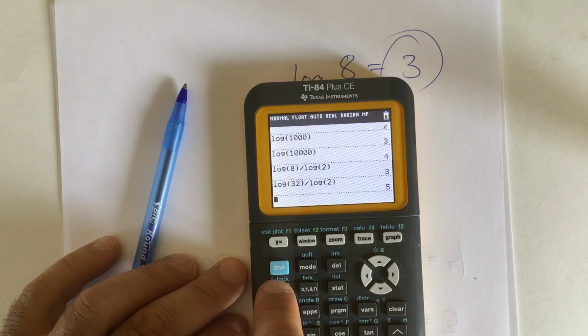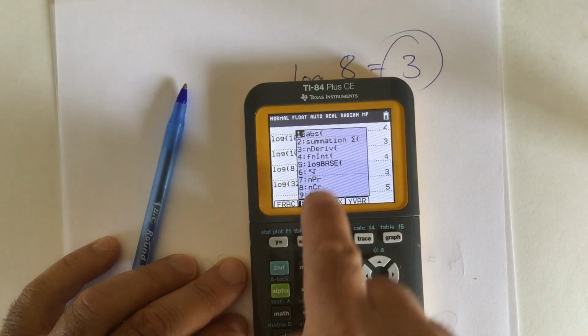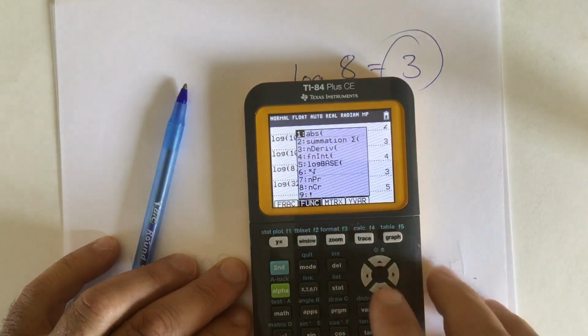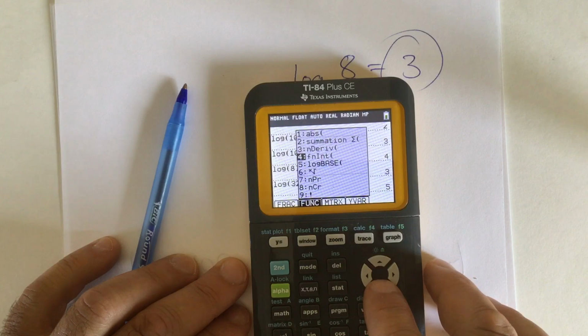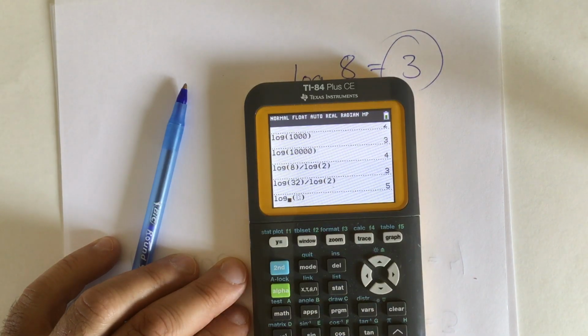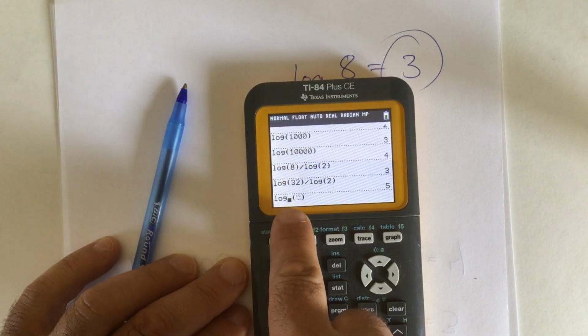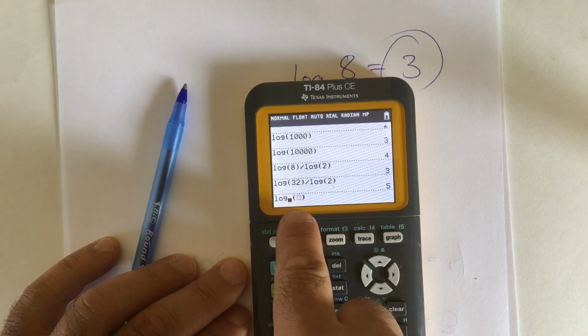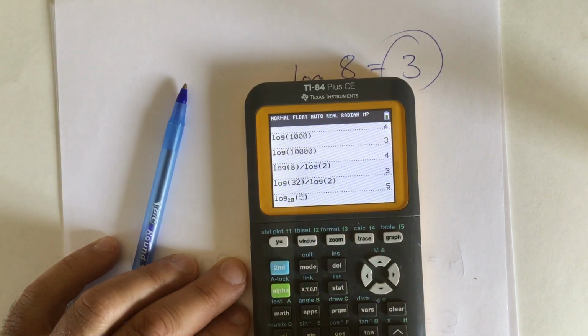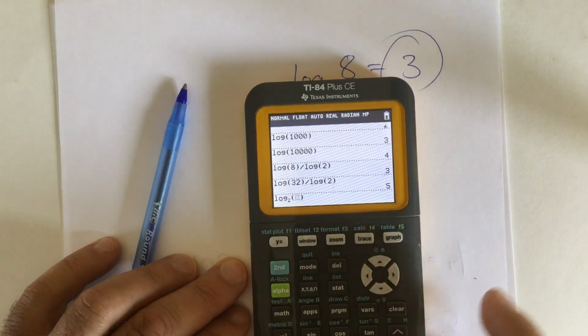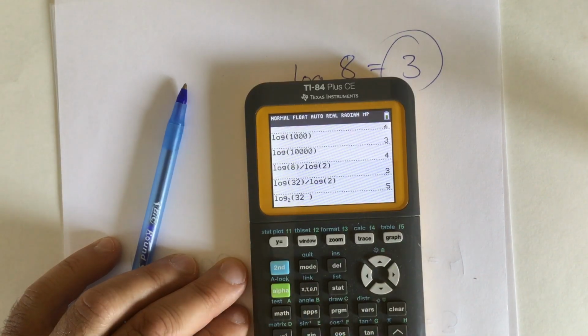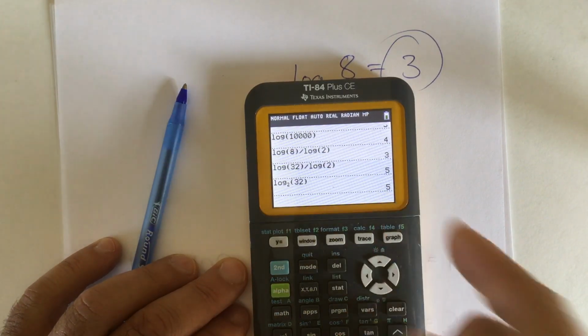If you do alpha window, you'll see this thing come up and look, log base. See, now look at how it presents the problem. So if I wanted to, I could do log base 2 of 32 that way, and guess what? It's going to tell me it's 5.